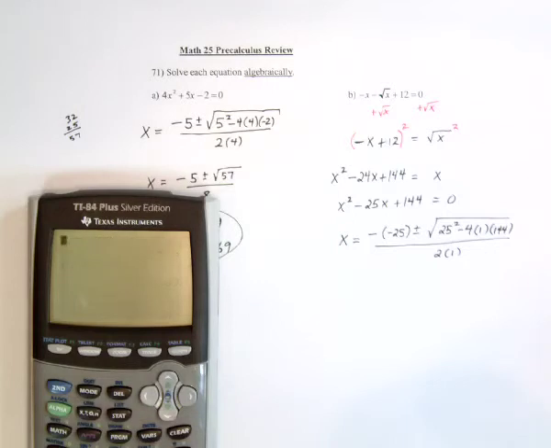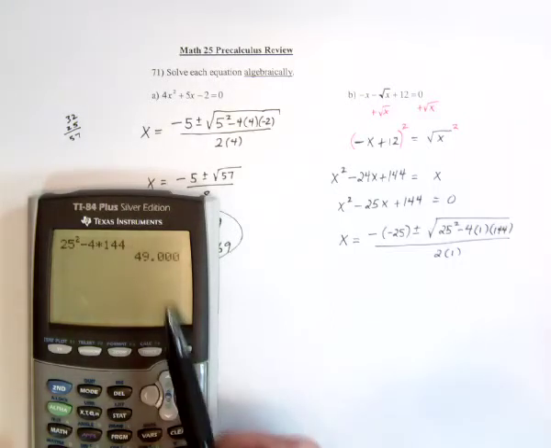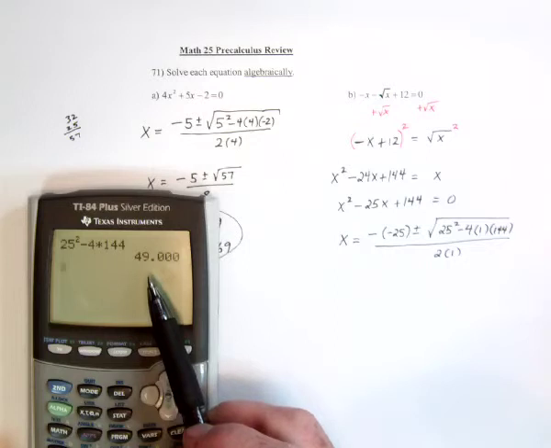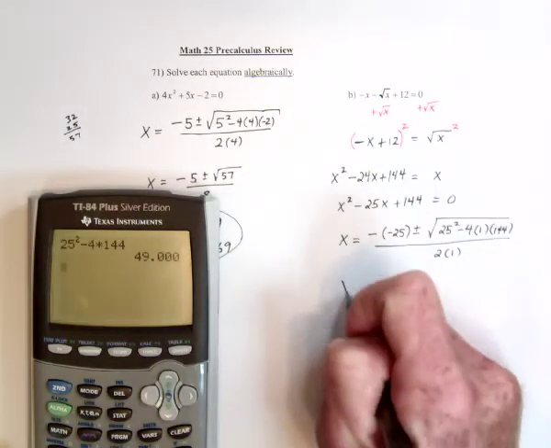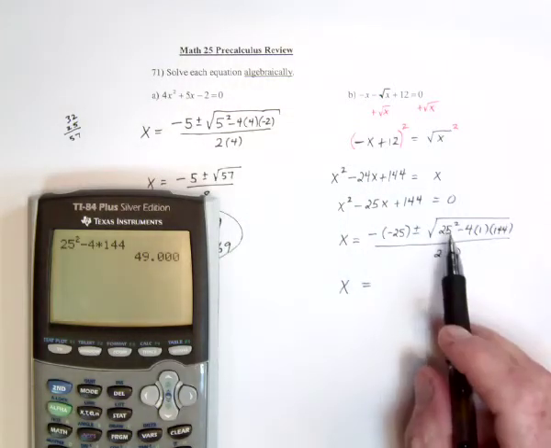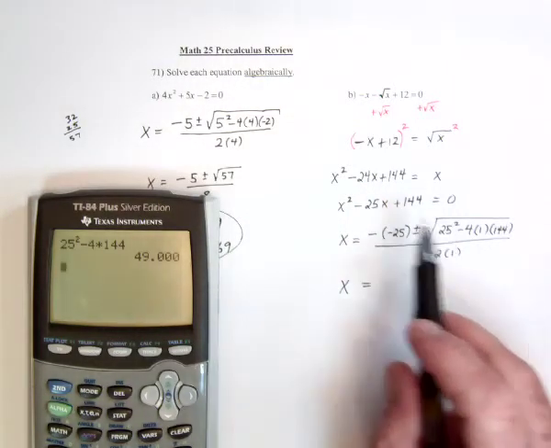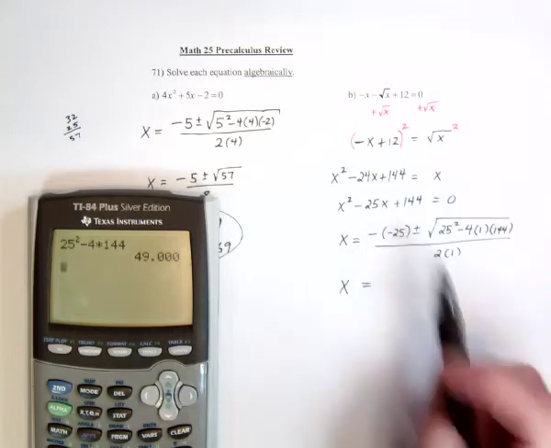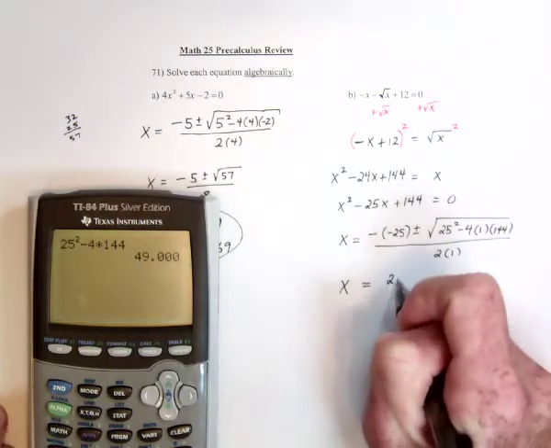And we could just go ahead and have 25 squared minus 4 times 144. Oh, very nice. Turns out to be a 49. That means that we can take the square root of it. If we could take the square root of it, that means this could have been factored. Oh well, we've done the quadratic formula already.